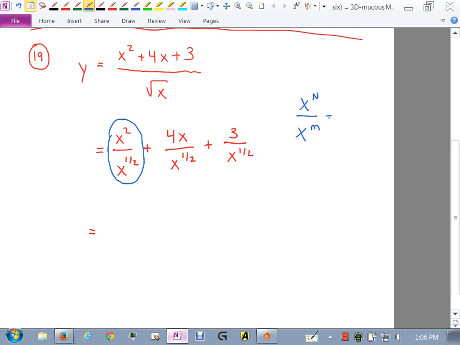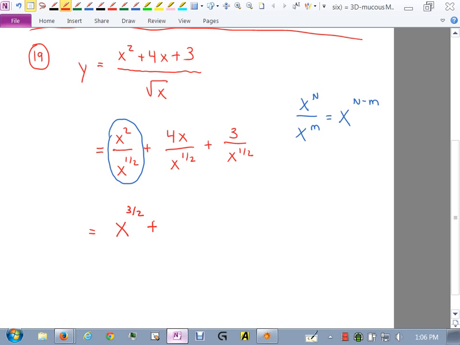I'm writing it on the side. If you have x to the n divided by x to the m, that is equivalent to x to the n minus m. So you subtract the powers. So you're going to take 2 and subtract 1/2, which is 3/2. So your result here is an x to the 3/2.